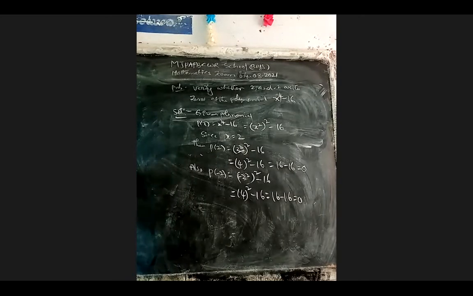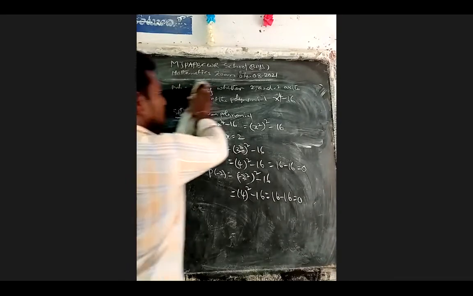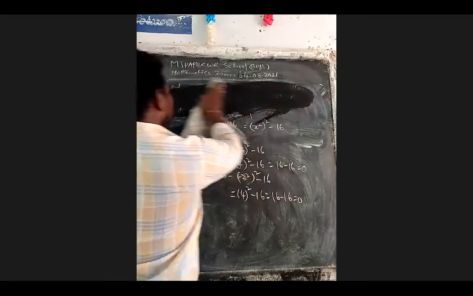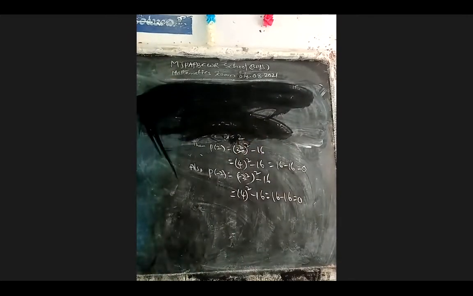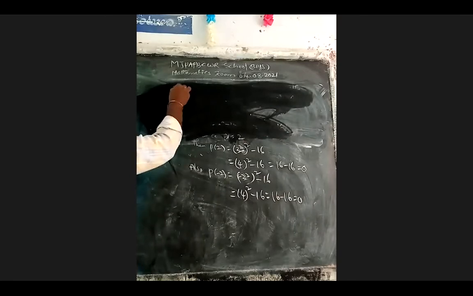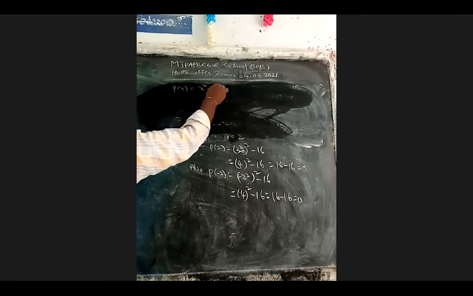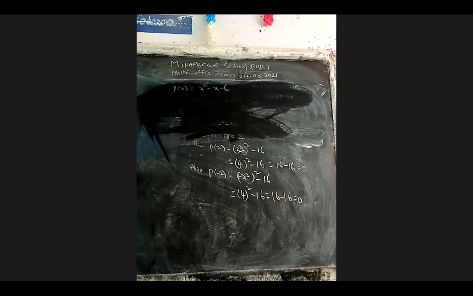Next problem. P of x equals x square minus x minus 6.